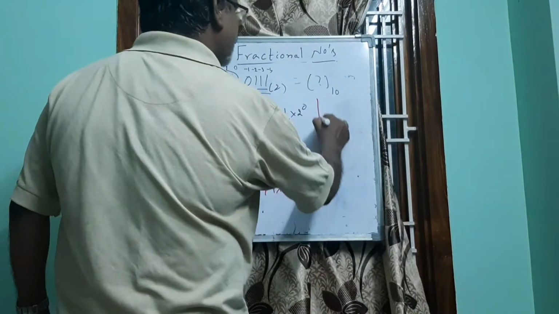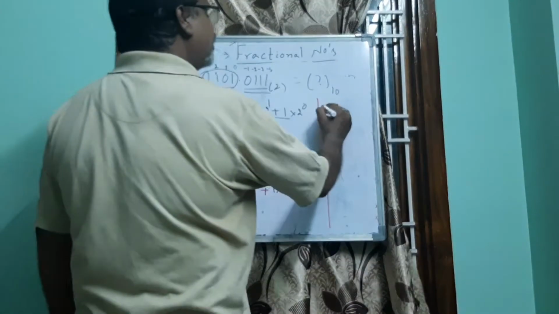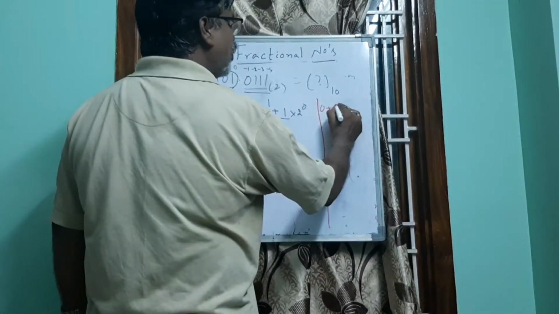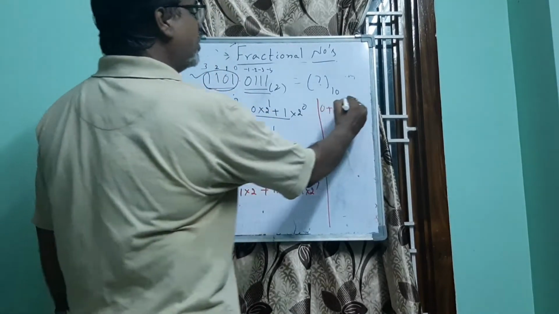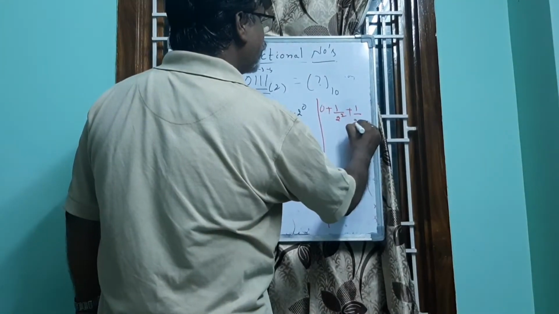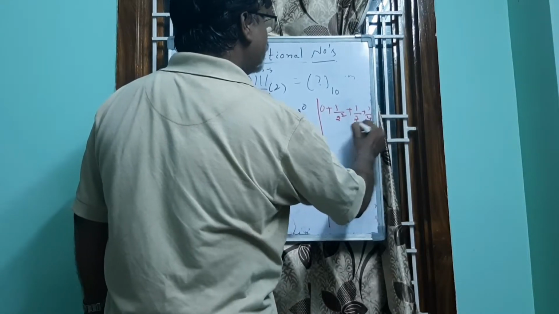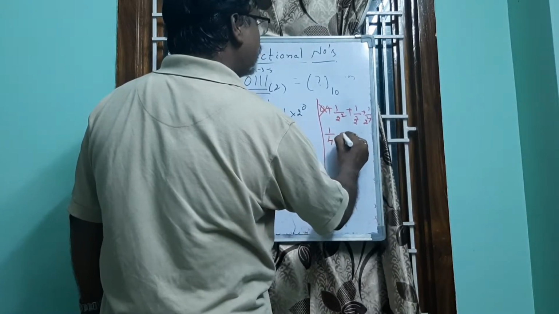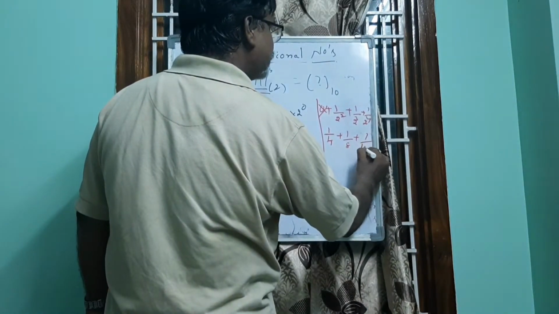Here 0 into anything else is 0. So 0 plus 1 into 2 power -2, so 1 by 2 square plus 1 by 2 cube plus 1 by 2 power 4. So it is 1 by 4 plus 1 by 8 plus 1 by 16.